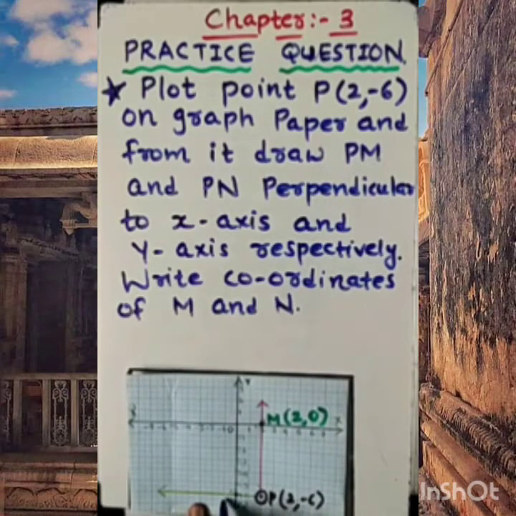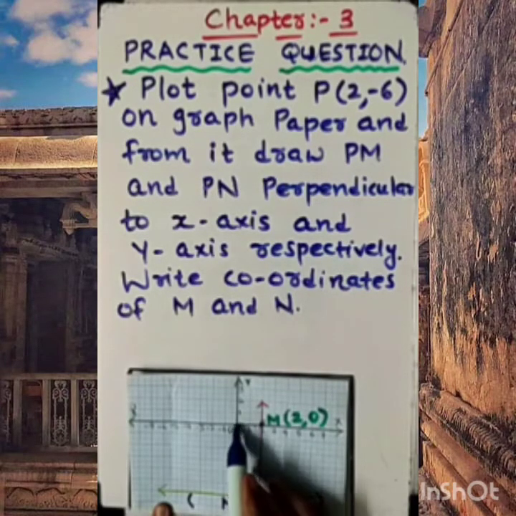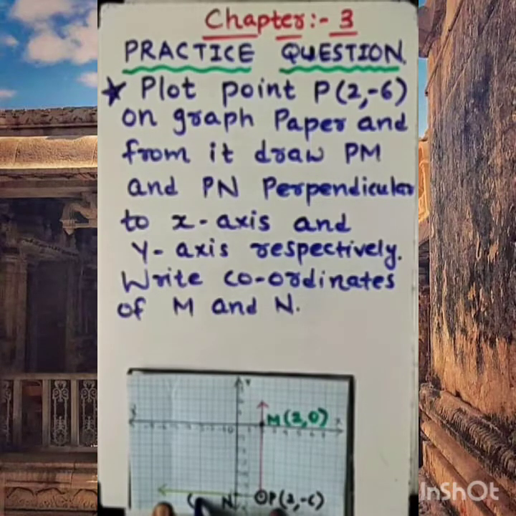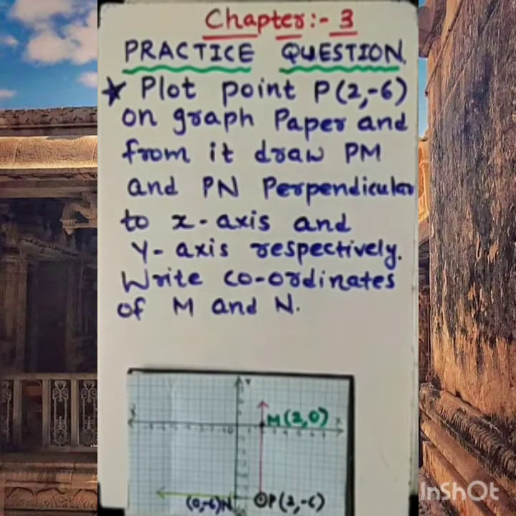So as it is given, this point is N. Fine. So how to decide the coordinate? Of course its x coordinate will be 0 and y coordinate will be -6. So dear student, here the point N, its coordinate will be (0, -6).